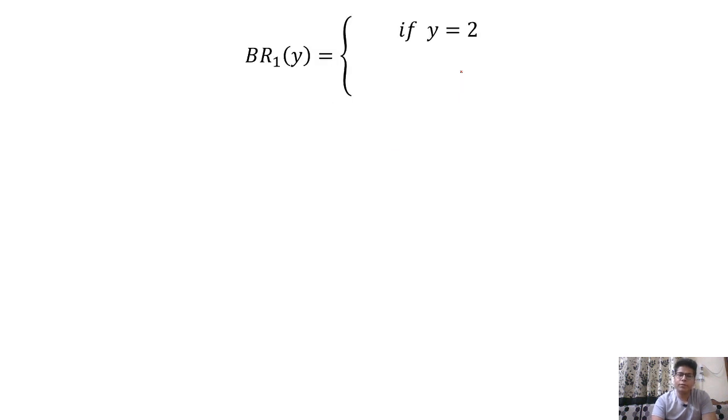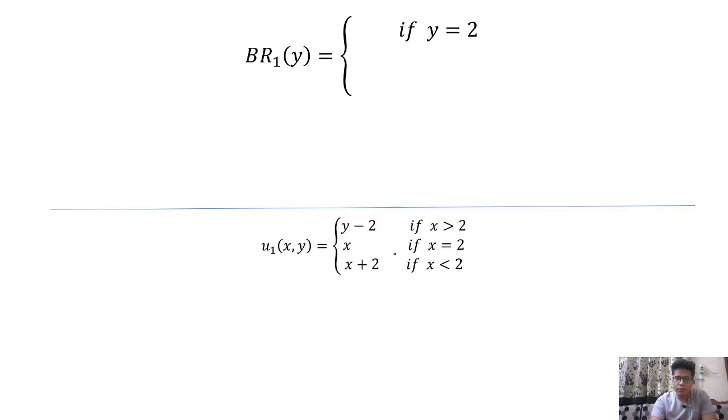What if player 2 chooses y equal to 2? In what sense can player 1 maximize his payoff? What are the cases for player 1? I substitute the value of y in place of y, you can see 2 here.